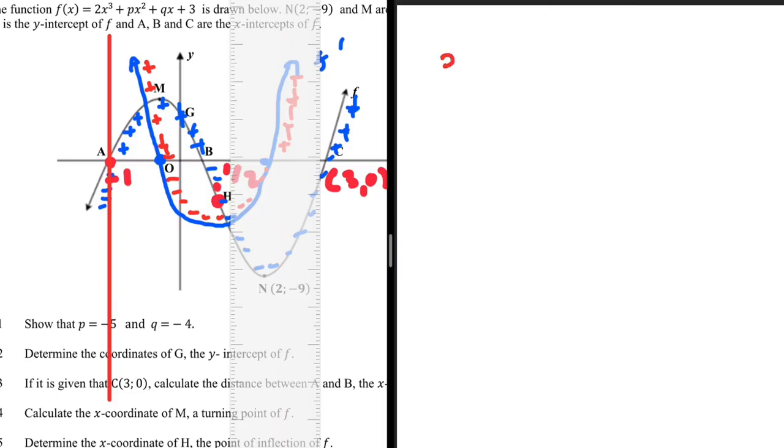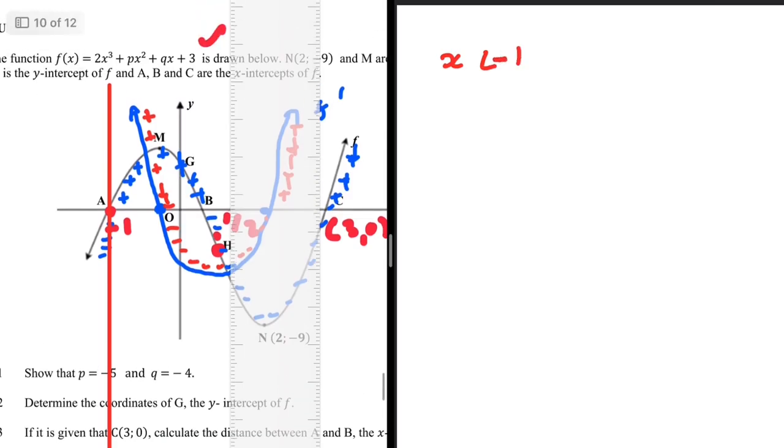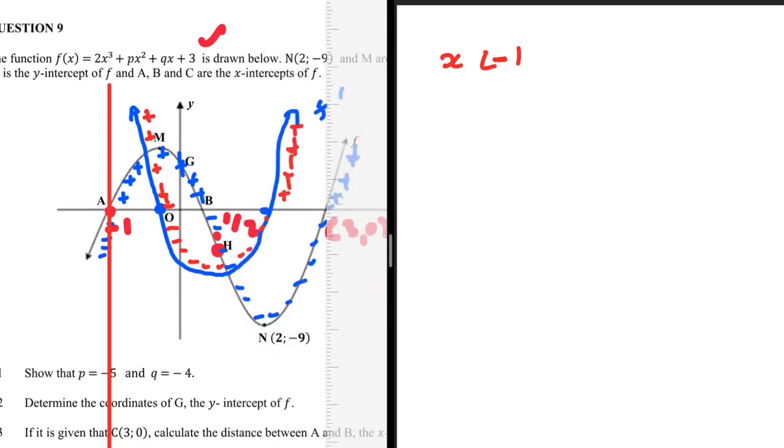We need x to be less than minus 1, right? From minus 1 to negative infinity, f of x is negative and f prime of x is positive.